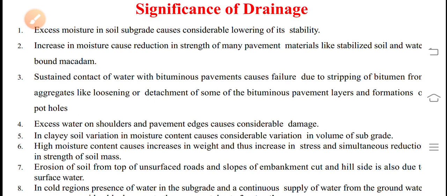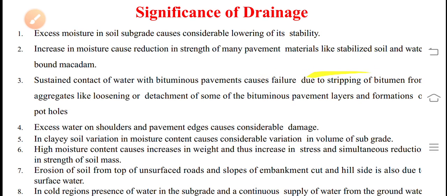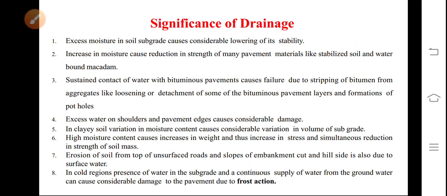Not only soil, other materials also, when they are wet, lose their strength, like stabilized soil and water-bound macadam, the WBM road. Naturally, when it comes into contact with water, it loses strength because the soil around the aggregates will be lost. Thereby it loses its strength.